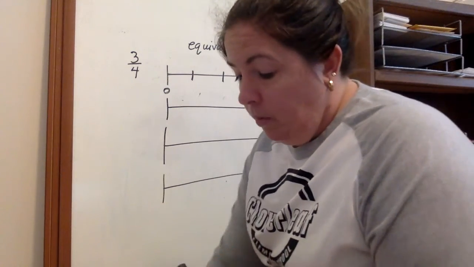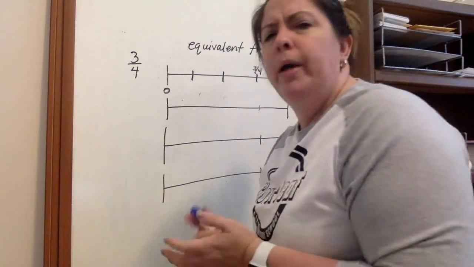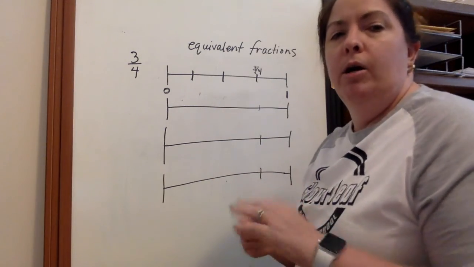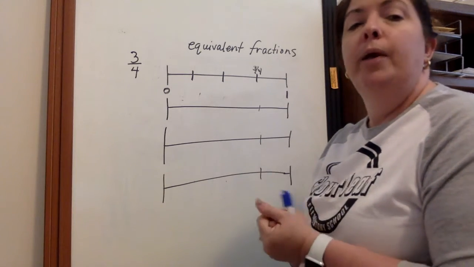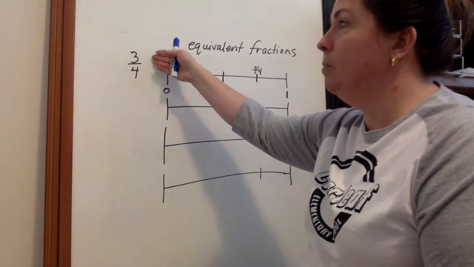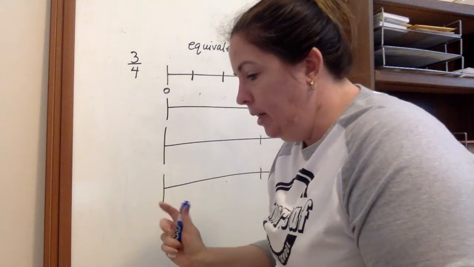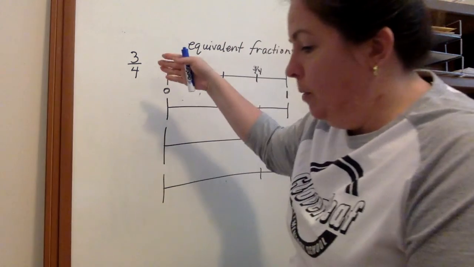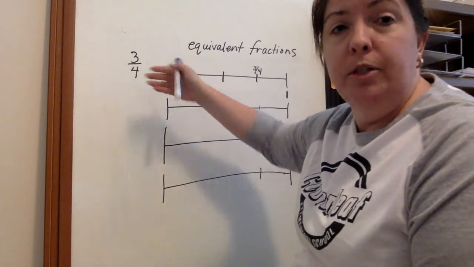Now, in a book we read a lot earlier in our year, right, we learned that if you do the same function, so you multiply or divide, what you do on the top, you need to do on the bottom, right?